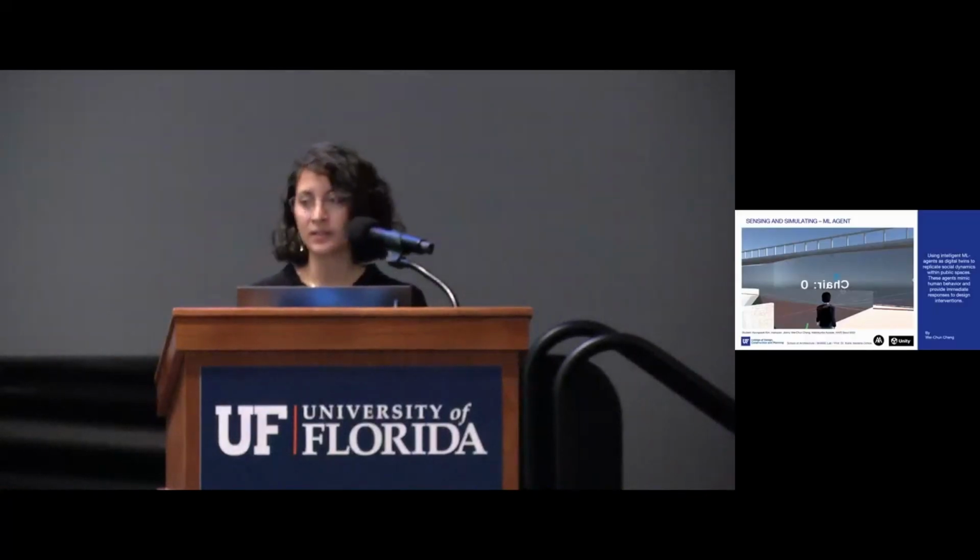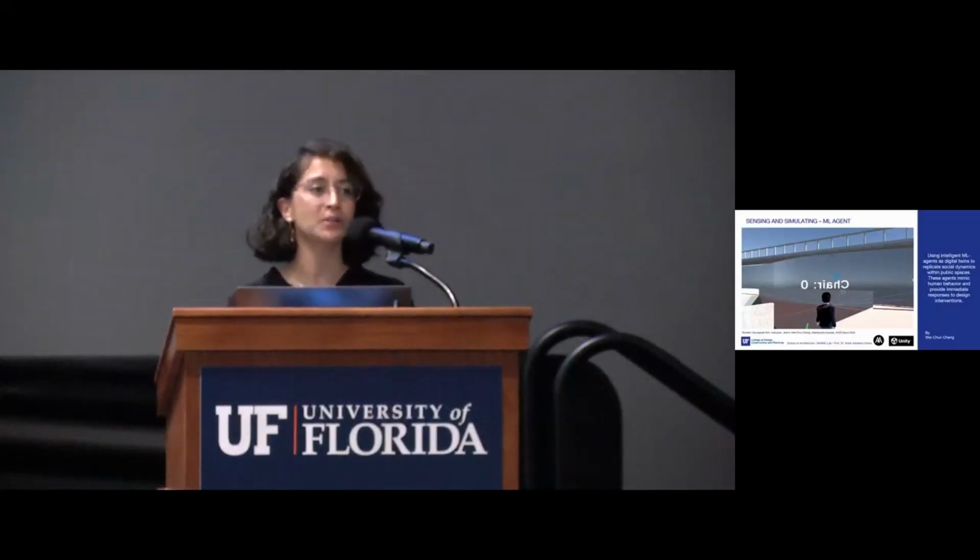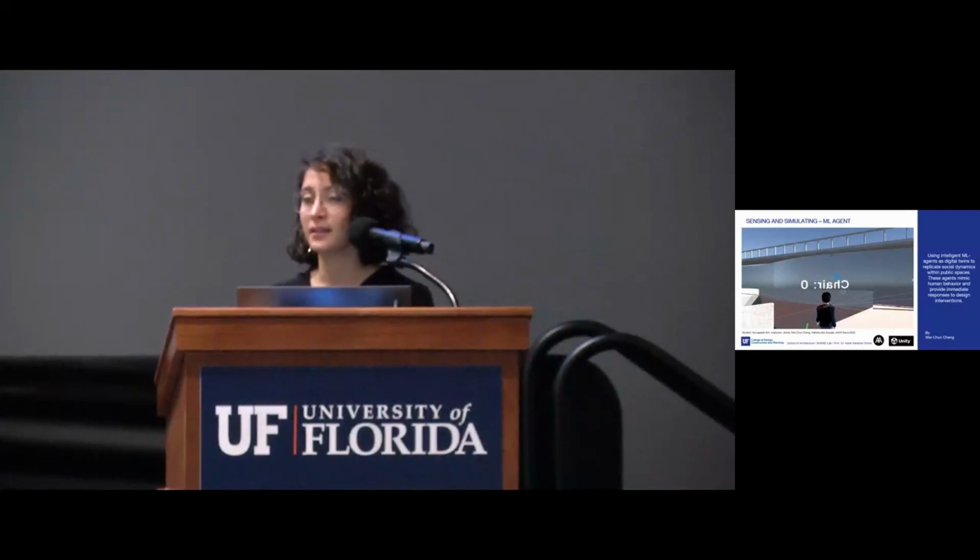The first project that I want to talk about today is how we actually simulate interaction in the built environment. This is a project that created a machine learning agent that is able to explore the space and is able to sense, which means that it's a reinforcement learning algorithm that is trained to behave like a human.